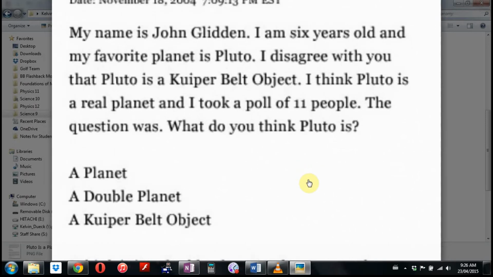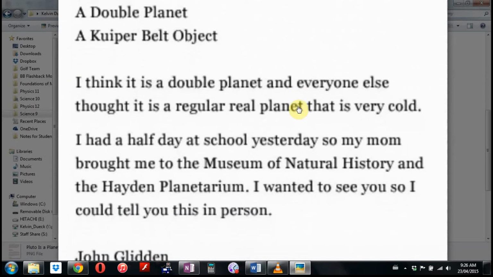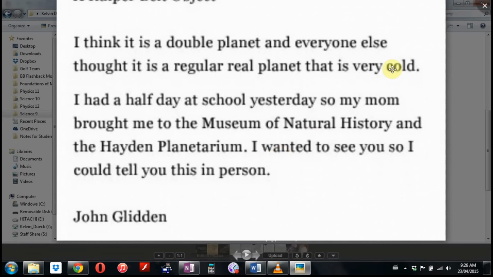A Kuiper Belt object? I think it is a double planet, and everyone else thought it was a regular real planet that is very cold. I had a half day at school yesterday, so my mom brought me to the Museum of Natural History in the Hayden Planetarium. I wanted to see you so I could tell you this in person. What's he saying? I know where you work, right? That's what he's saying. I know where you work, and I'm coming to get you. Sincerely, John Glidden.